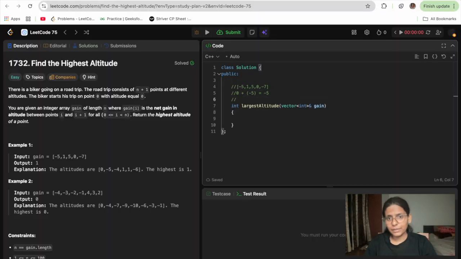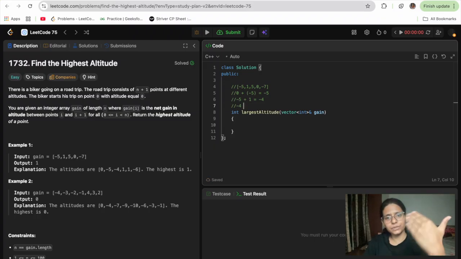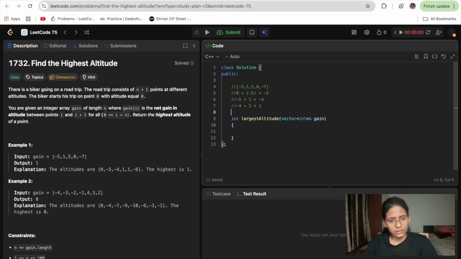Then I am at -5 level, and the next difference is +1. I just gained one height above. So -5 plus 1 is -4. Then I'm at -4, and I gain +5 height, so -4 plus 5 is 1.